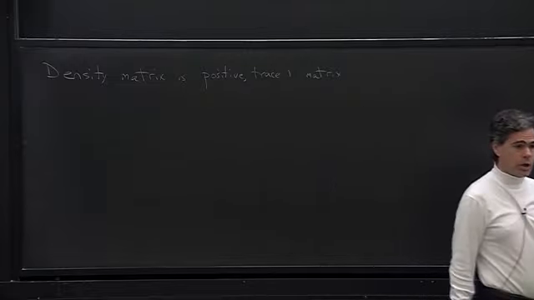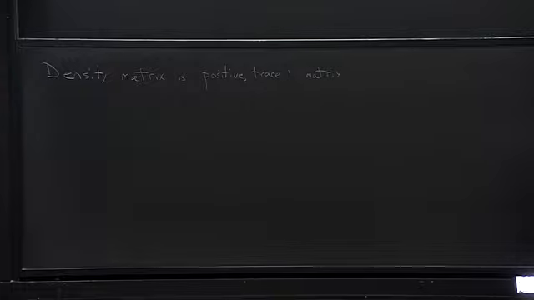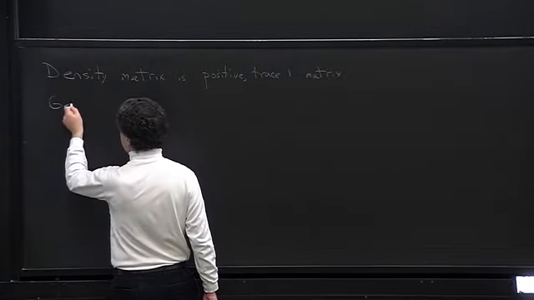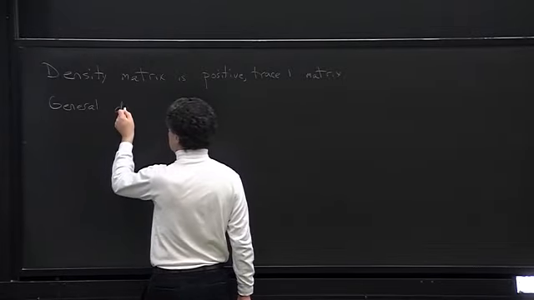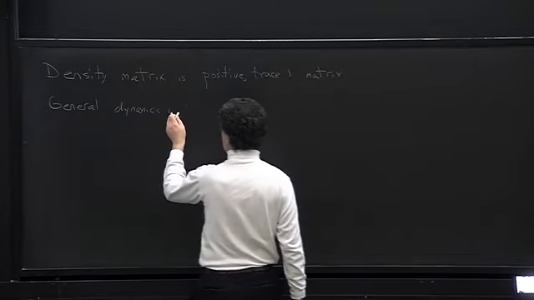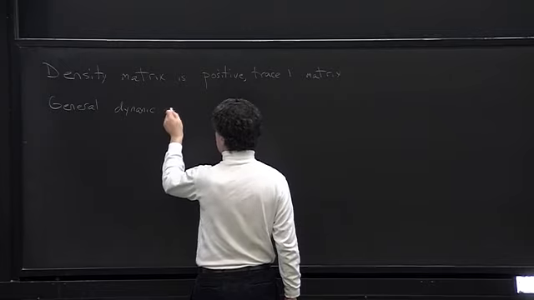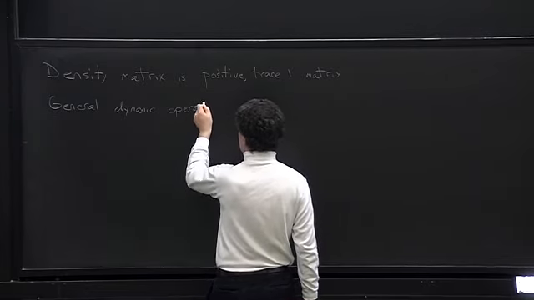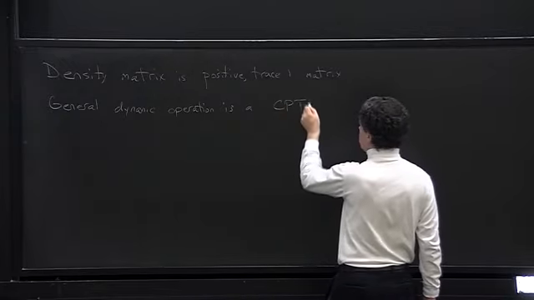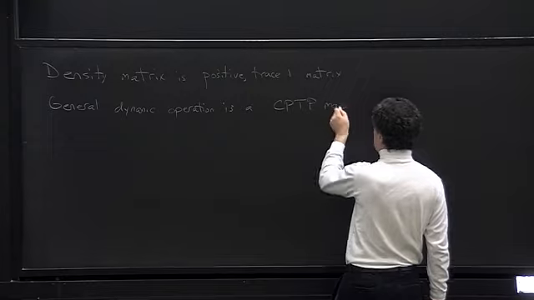Okay, so the most general dynamics that should be allowed on such a thing are things that always map density matrices to density matrices. And so what are those things? So it's a CP-TP map, completely positive trace-preserving map.